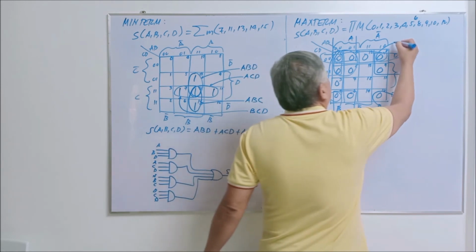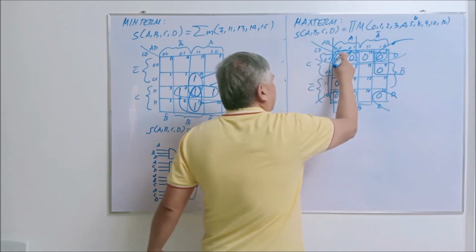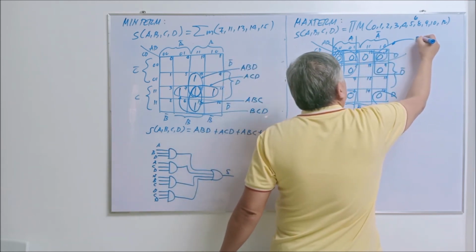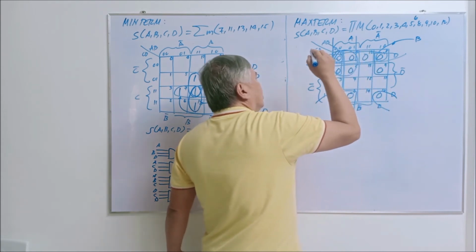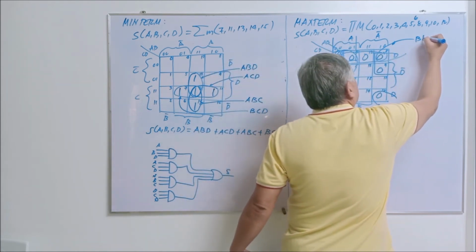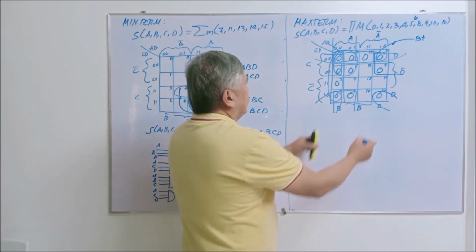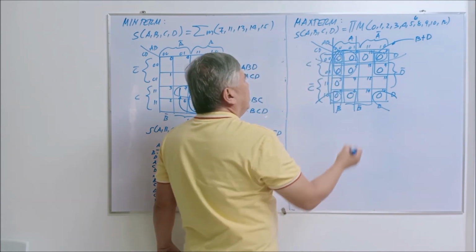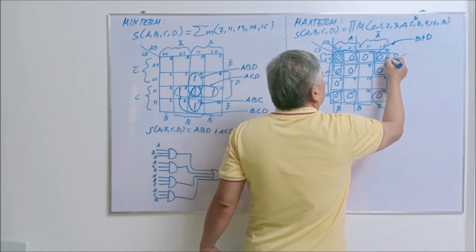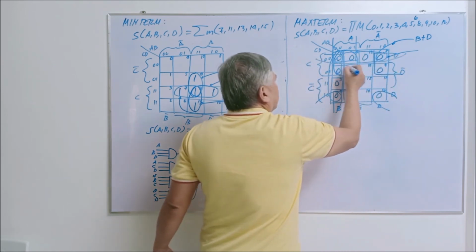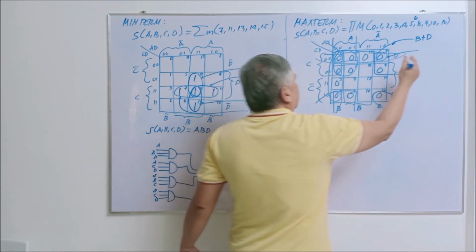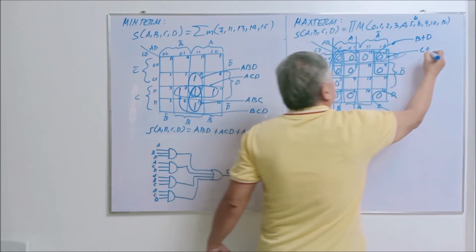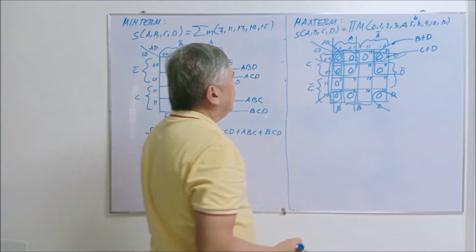Okay, so for this one, the cells in the corner at 1. So this is under what? B. Remember, this is a product of sum expression. So plus, B plus D. Okay? Then, this one here, the longer one or the line, this group, this is under C plus D. Okay?